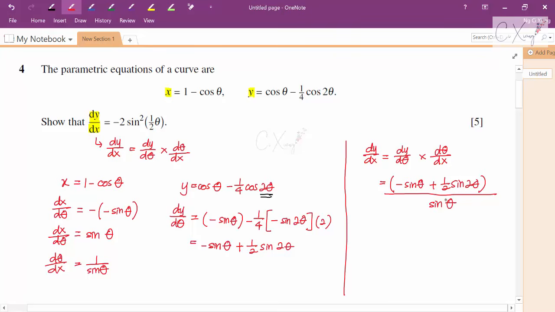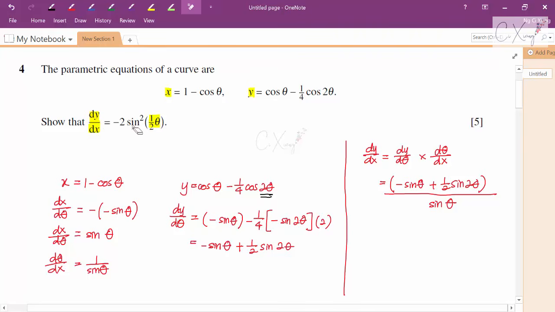So in general, this is how I get the dy dx. But we need to rephrase it into the pattern that they want. You can see that in the question here, our final answer is in terms of half theta, which means we need to further simplify it so that we can get something with half theta. And in the whole equation here, you can see that we are only having sine squared.